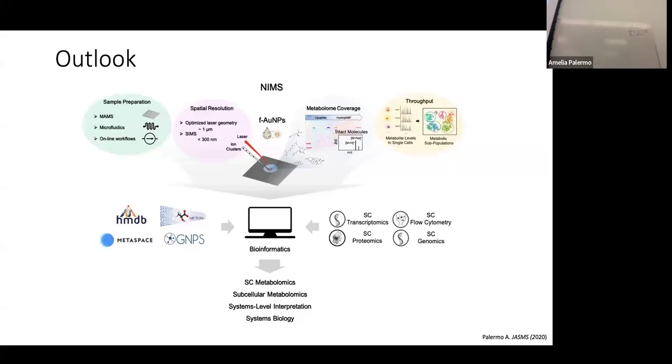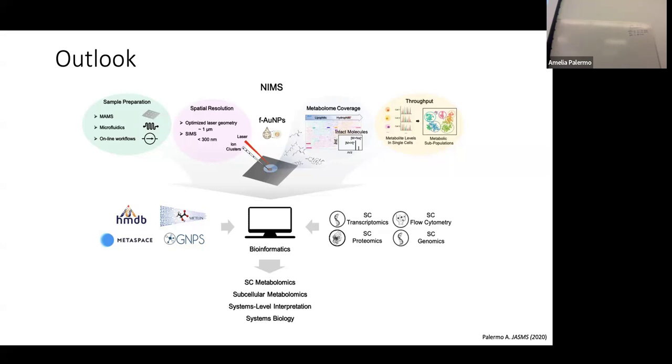Same for secondary ion mass spectrometry, where there is a secondary flow of ions, so it works with ion clusters and causes the ionization of the molecules. SIMS can go down to 300 nanometers, so better resolution. It's available in very few labs in the world, and usually these are labs that are specialized in single cell proteomics and metabolomics.